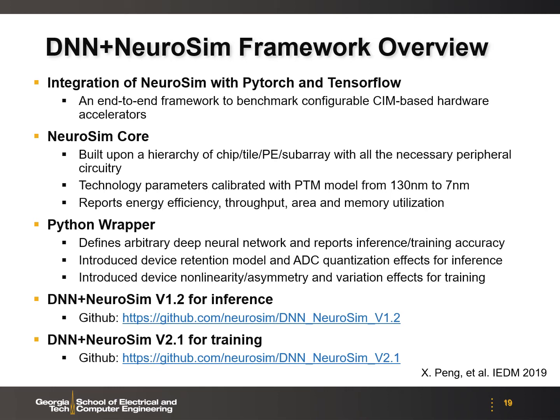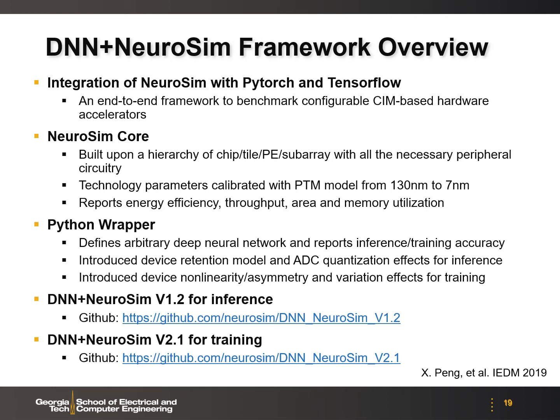And we support the technology nodes from 130 nm down to 7 nm, where the technology parameters are calibrated with the PTM model. From the NeuroSim core, we can report the energy efficiency, throughput, area, and memory utilization.